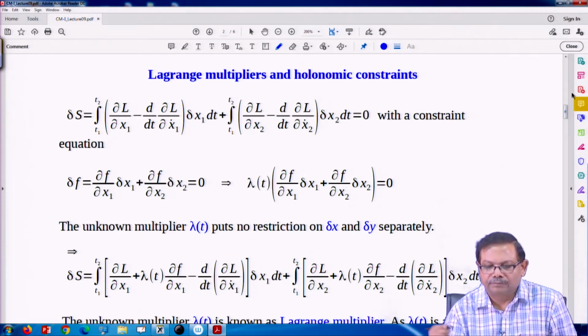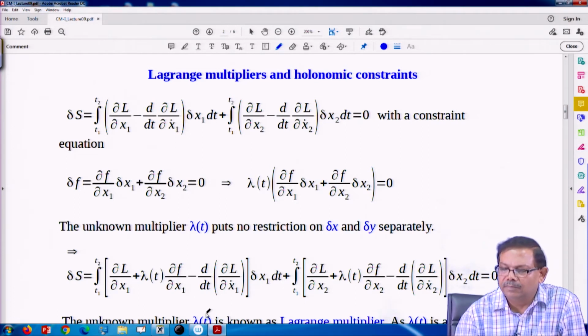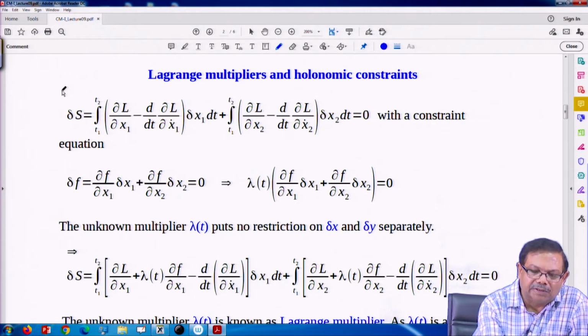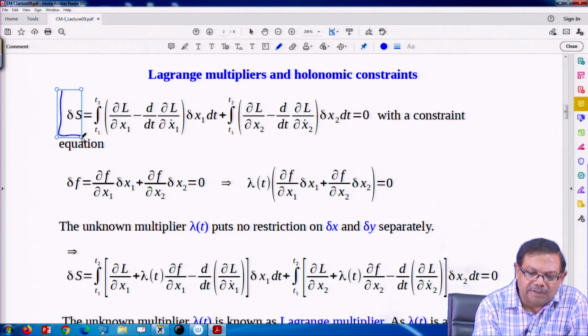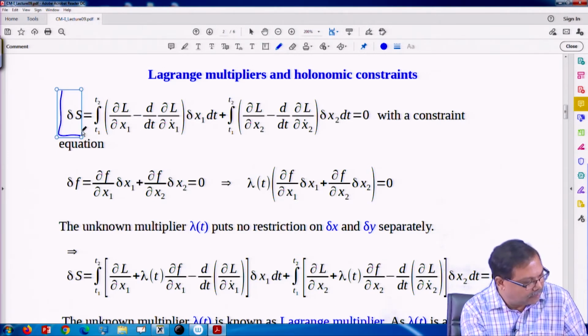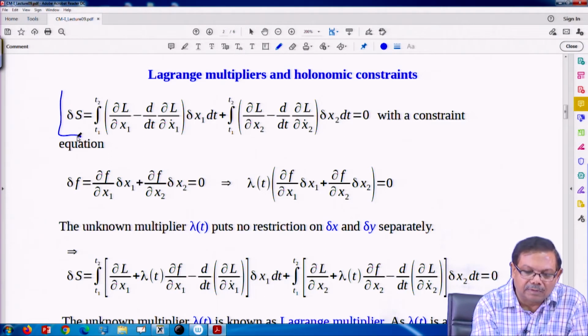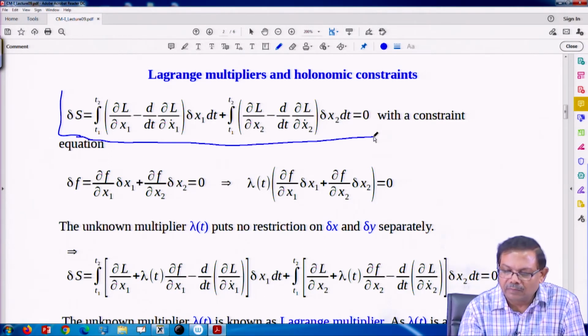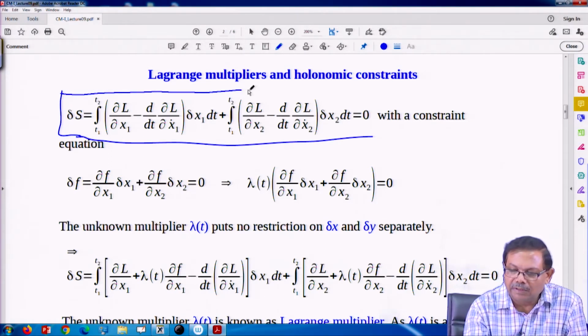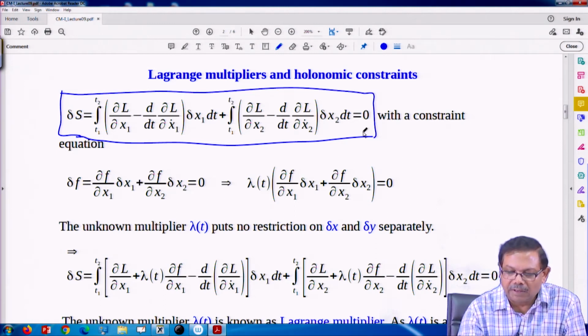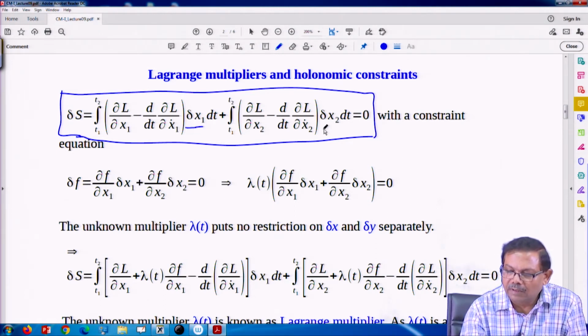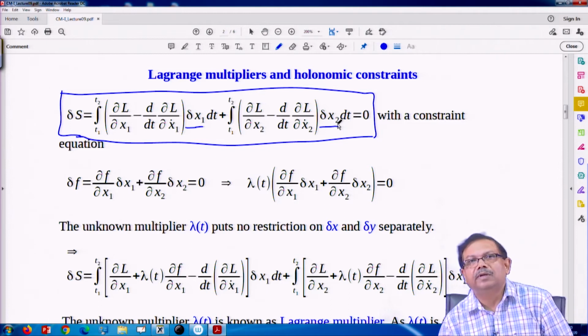So, I write down the equation which I just derived, the variation in action that I have written here, and delta x 1 and delta x 2 are not independent.